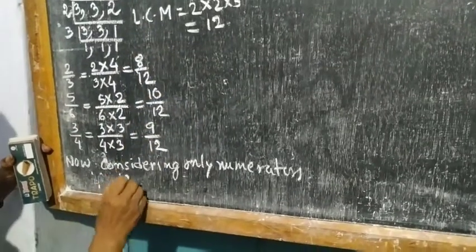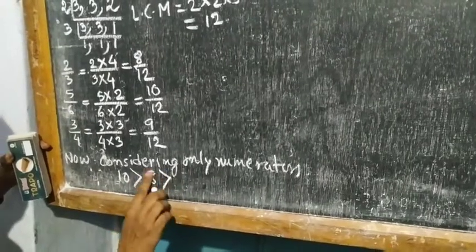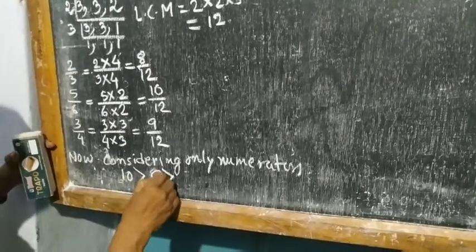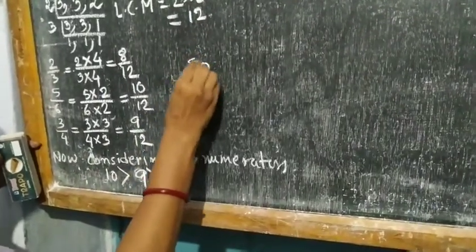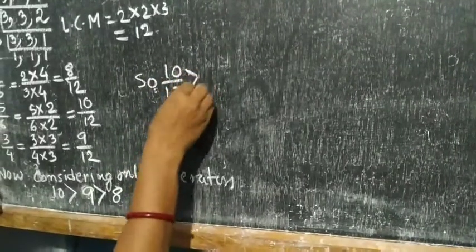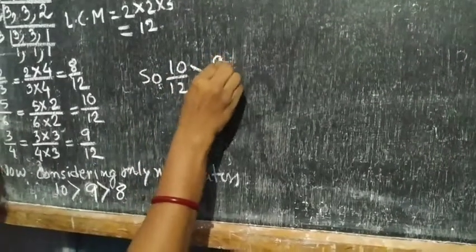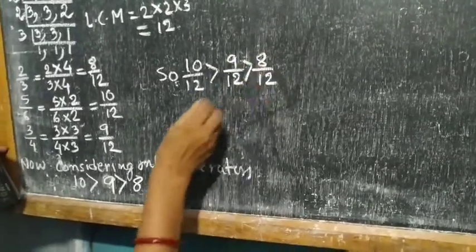So 10 is better than 9, is better than 8. So 10 by 12 is better than 9 by 12, is better than 8 by 12.